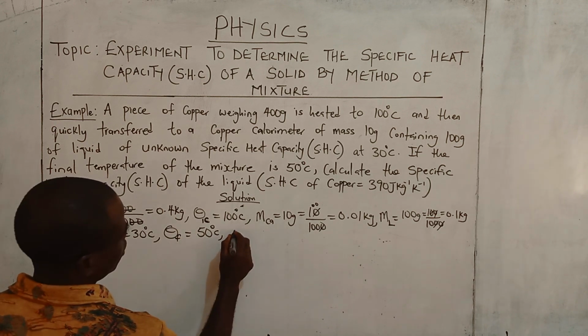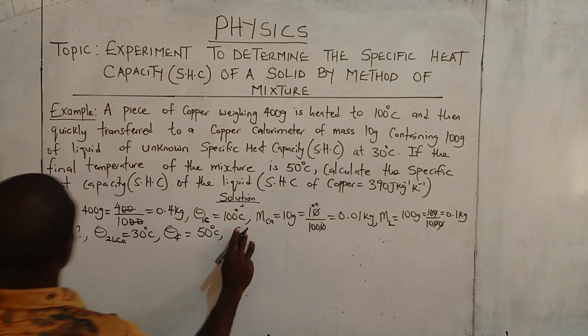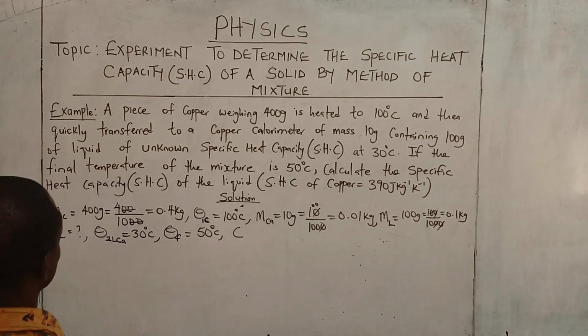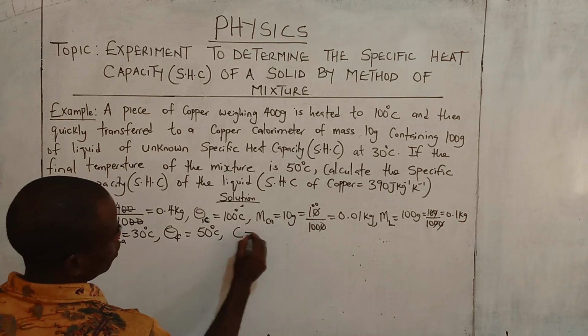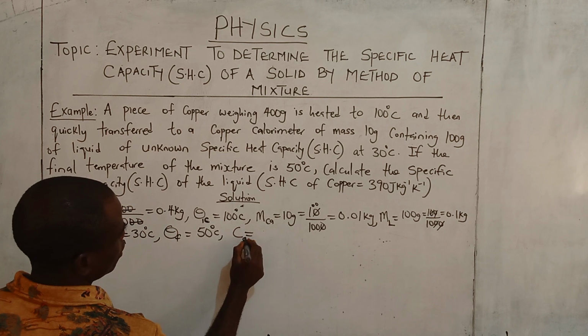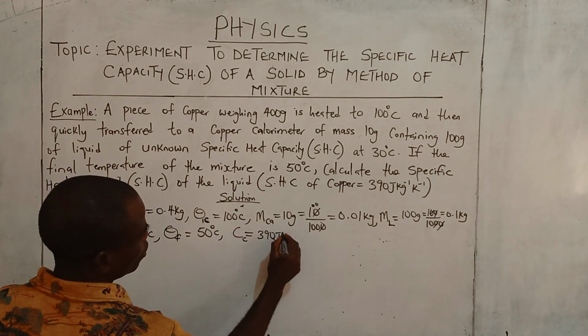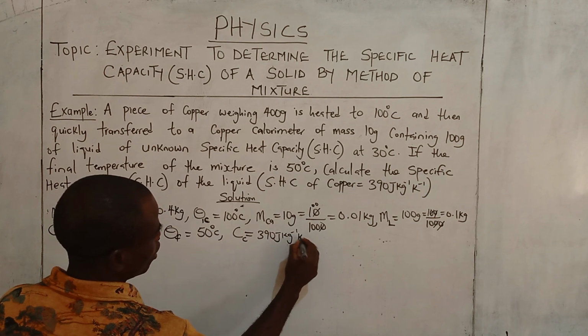They are giving the specific heat capacity of the copper, call it CC. Specific heat capacity of the copper is 390 joules per kilogram per Kelvin.